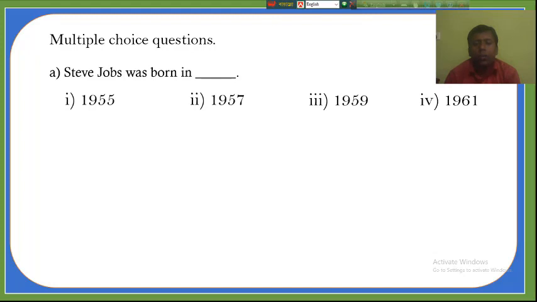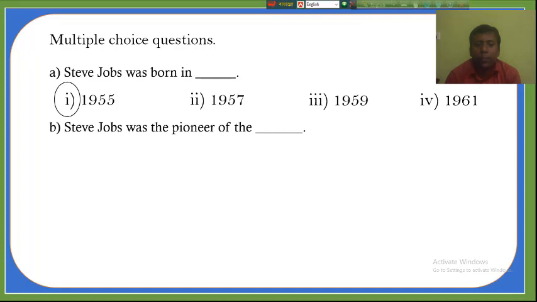Dear students, can you imagine what is the right answer? Yes, very simple. Steve Jobs was born in 1955. Note down this answer.